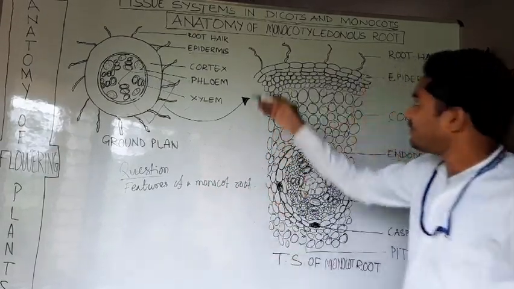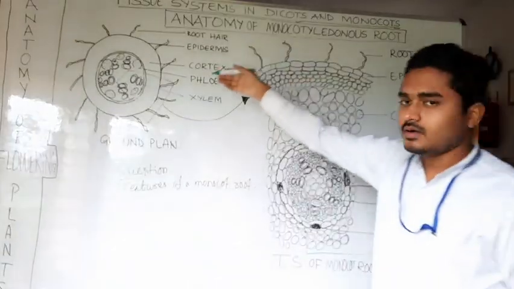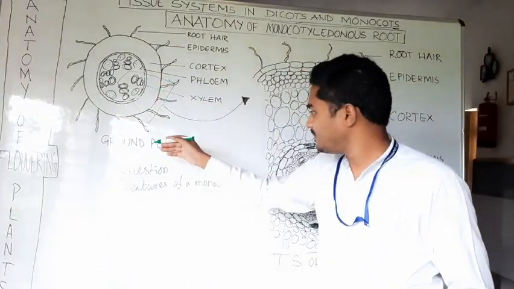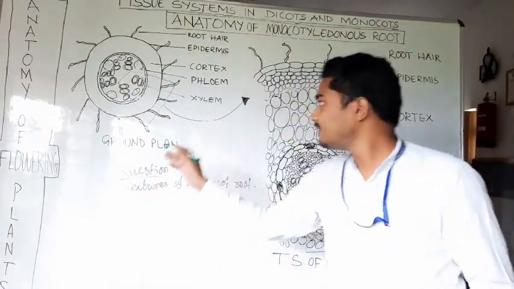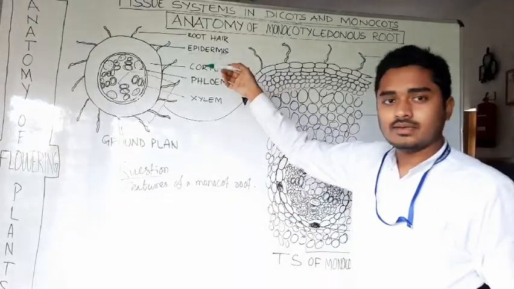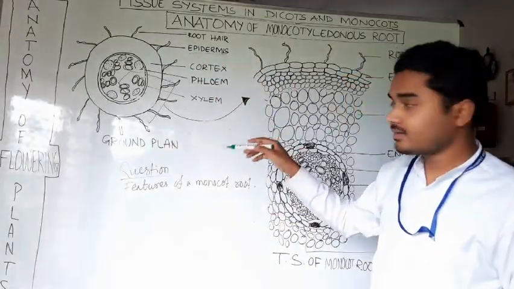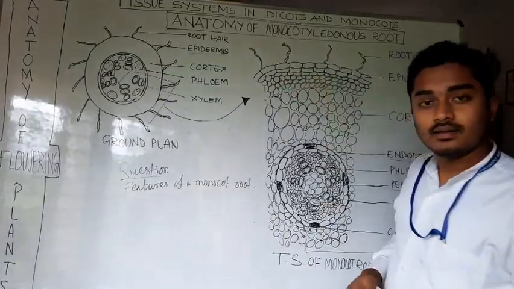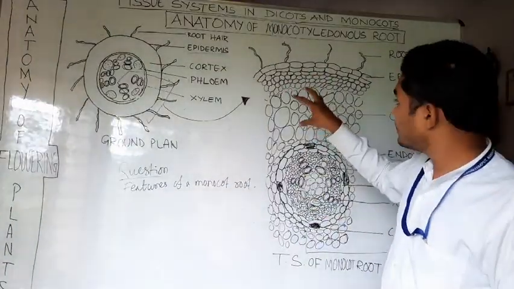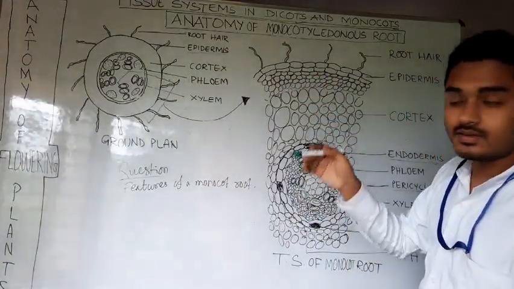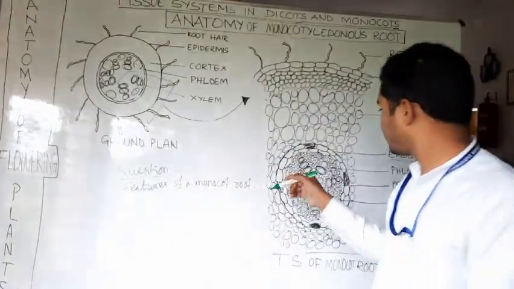Starting from the epidermis up to the pith, we will write serially. Epidermis, single cell thickness, bears root hairs. Cortex, thick wall and thin wall, that's why there is presence of intercellular spaces. Then the endodermis is the innermost layer of the cortex.